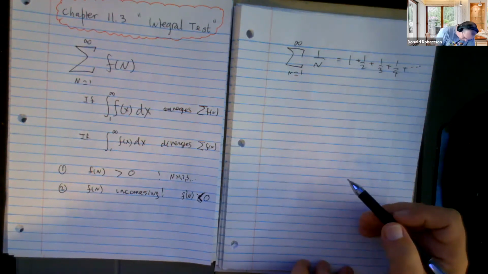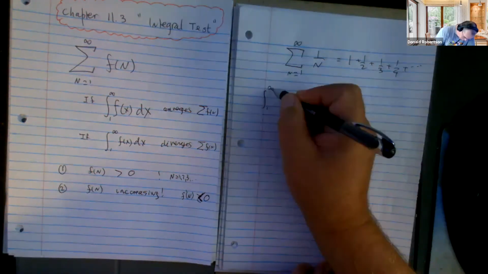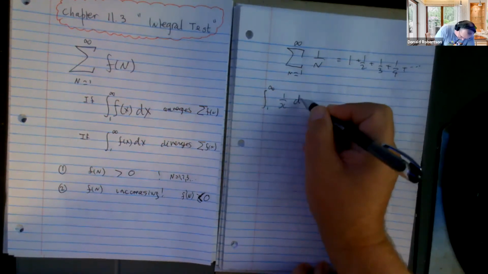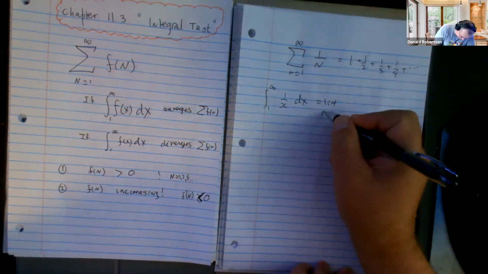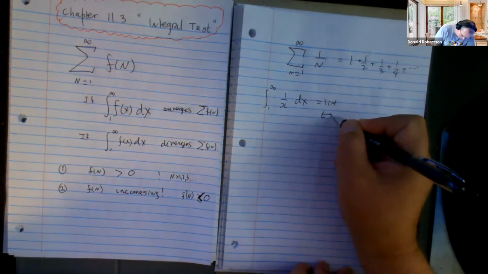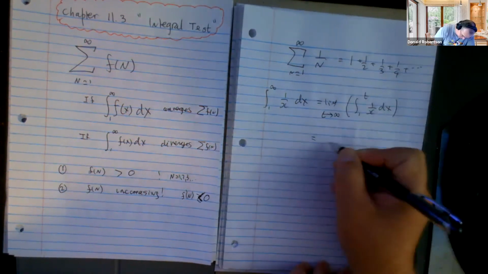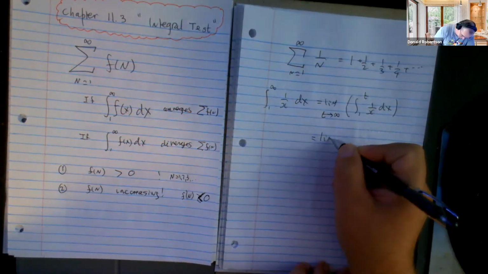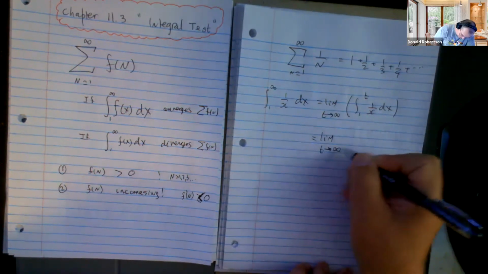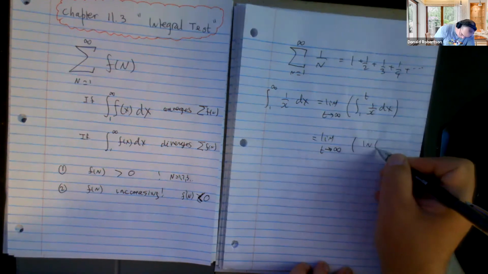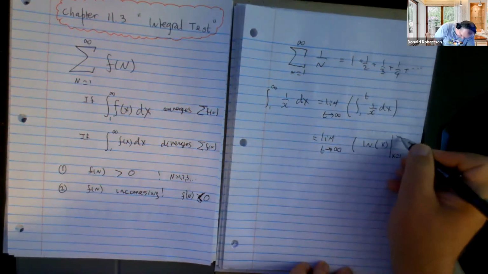So the integral from 1 to infinity of 1 over x dx, well, that's going to be the limit as t tends to infinity of the integral from 1 to t. That's going to be the limit as t tends to infinity of the natural log of x evaluated at 1 and at t.